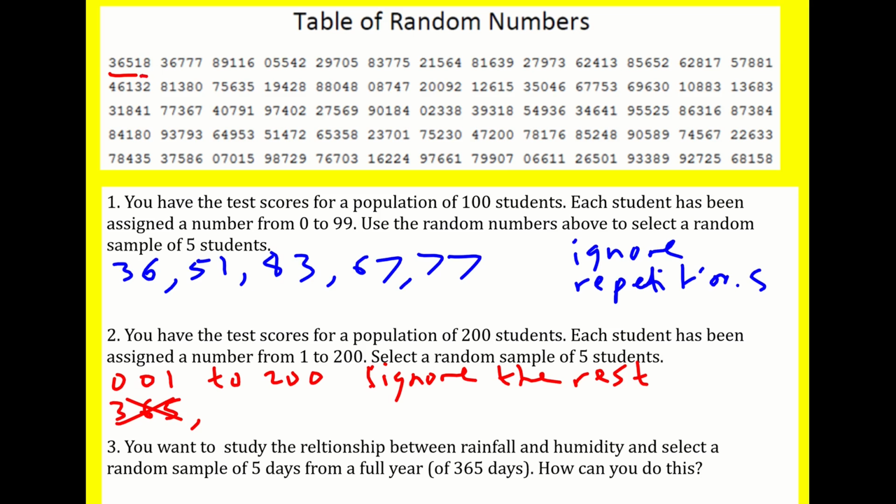My next number is 183. That's absolutely fine. My next number is 677. Nope. My next number is 789. I'm not going to write that one down. I'm just going to use the ones that are meaningful. The next one is 116.